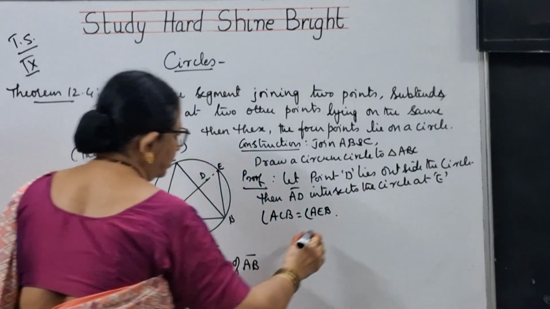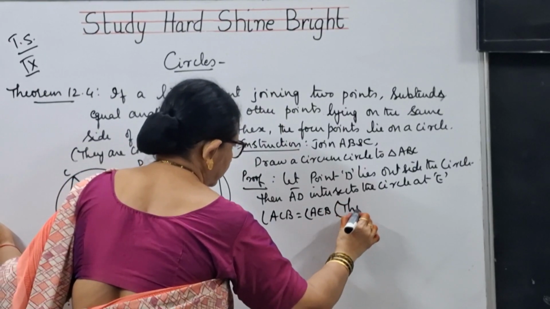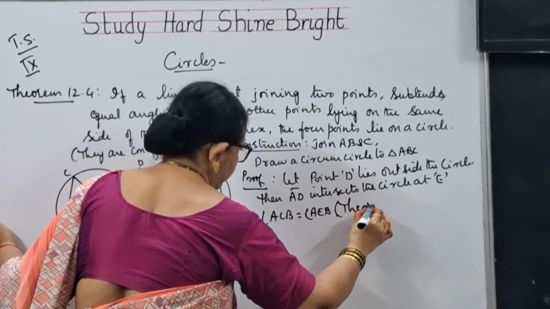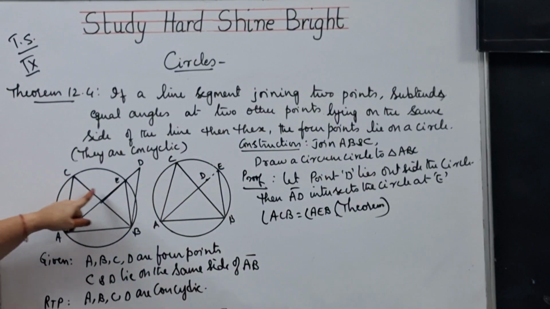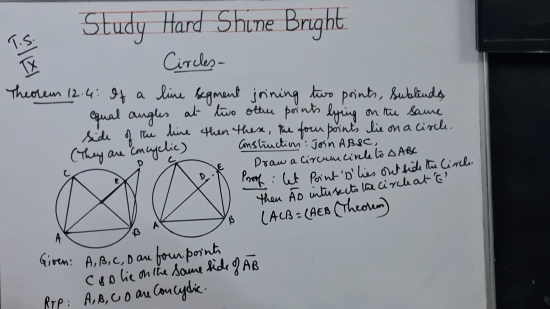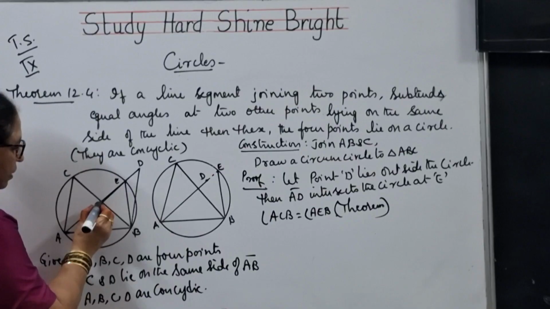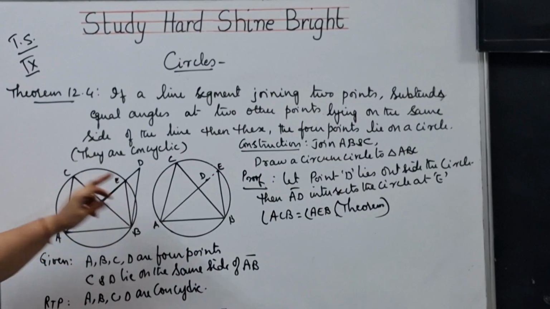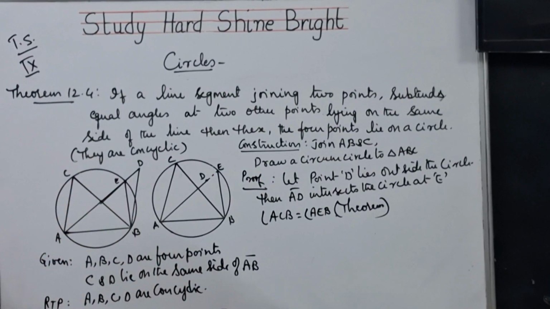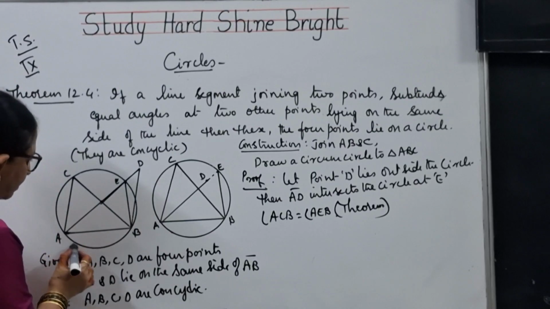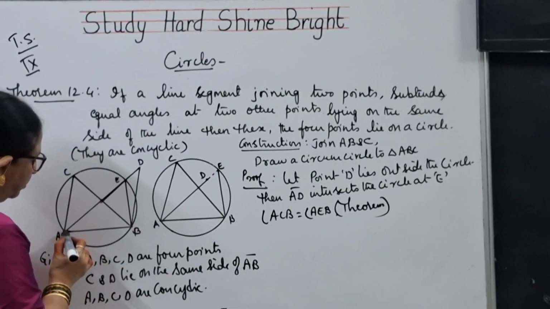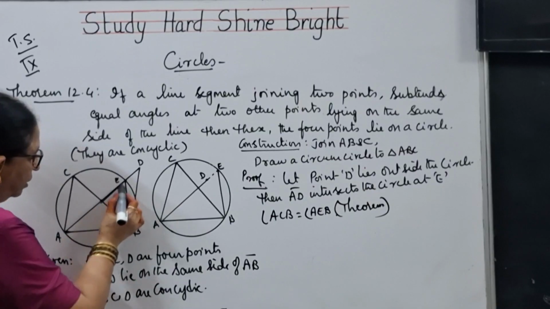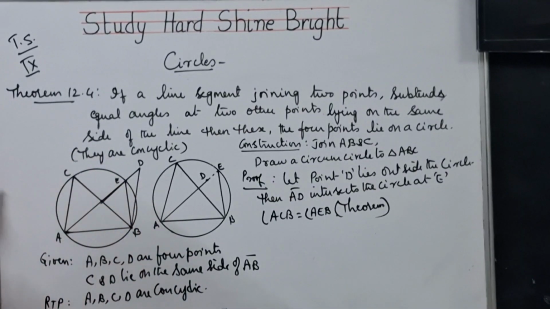This is a theorem which we have learnt. So angle ACB is equal to angle AEB. Okay, children. So if angle ACB is angle AEB, basing on the theorem, because this is a sector or arc, we can say arc and subtending angles on the same side should be equal. That is a theorem, basing on that they are equal.